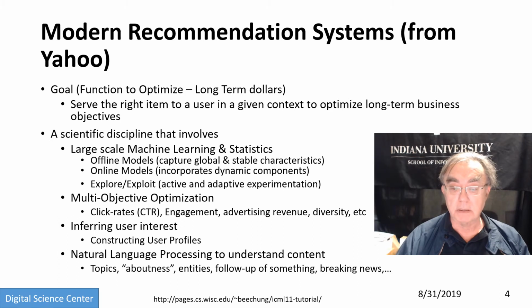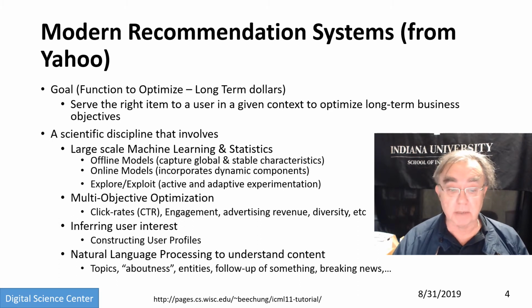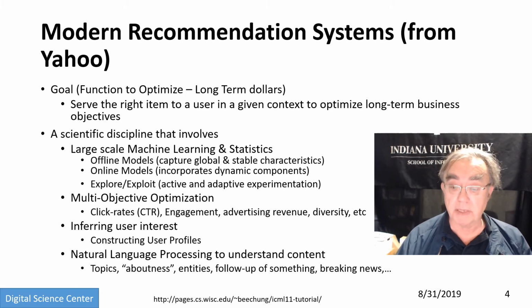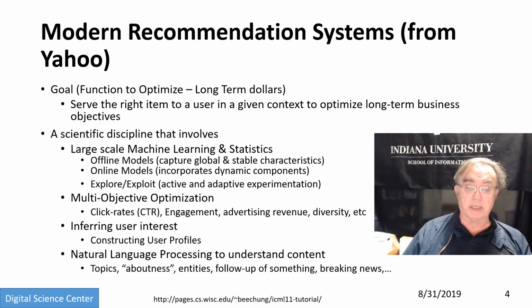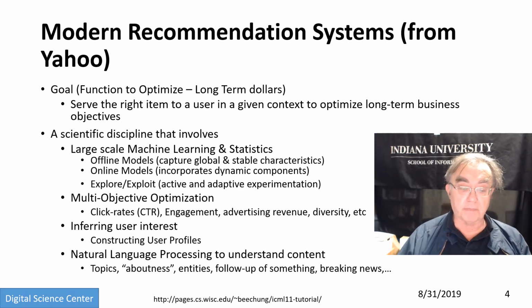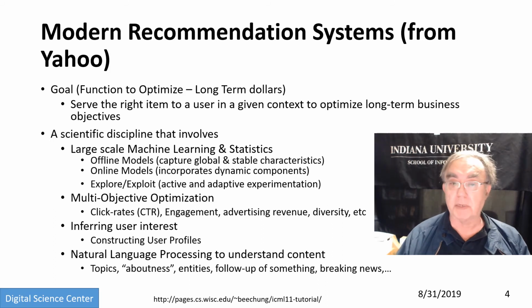Click rates, engagement, which is how long you stay. There's no point in users clicking but never coming back. The money you get, the diversity, so that you don't keep recommending the same thing, and so on. We need to try to understand what the user is. We need to effectively calculate user profiles. You can see how valuable those are. So Google knows so much about me now.